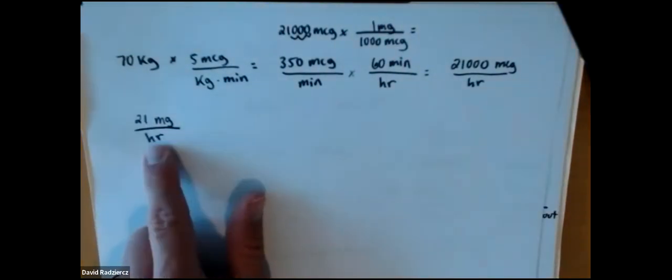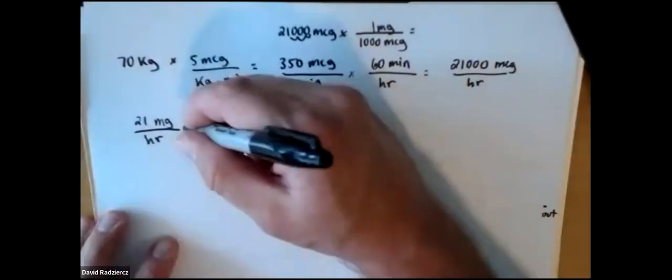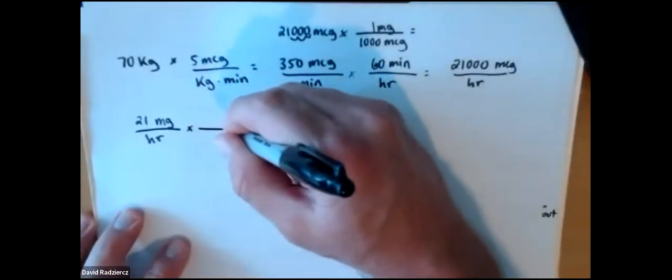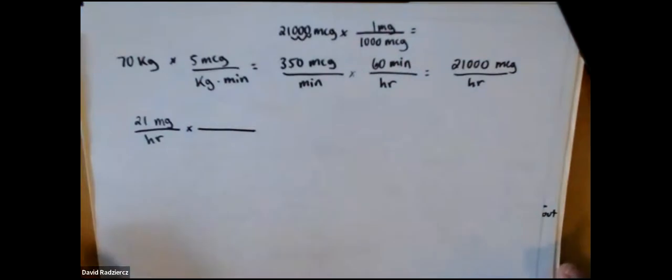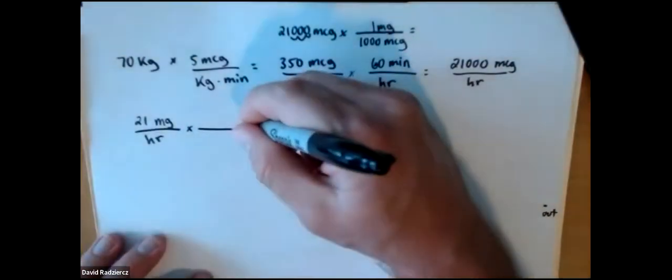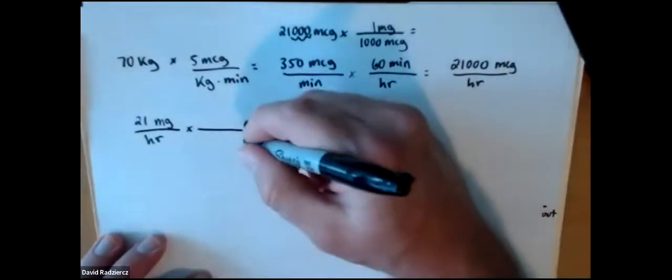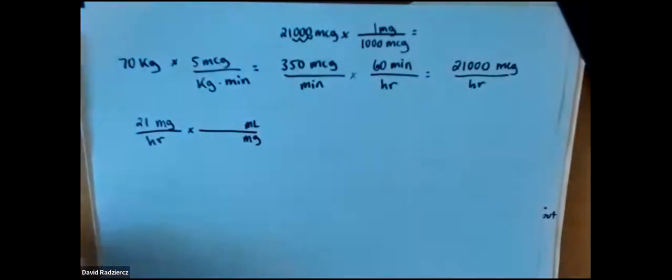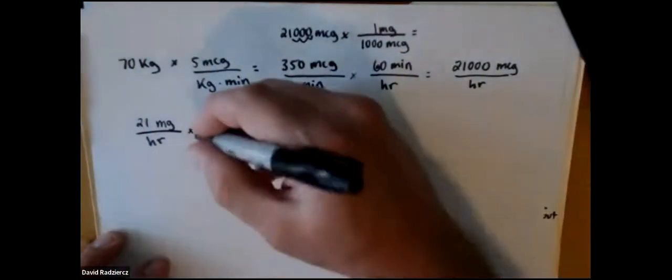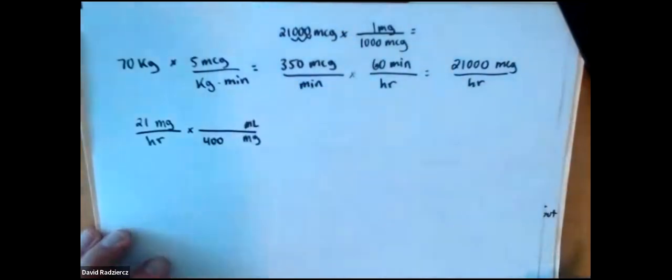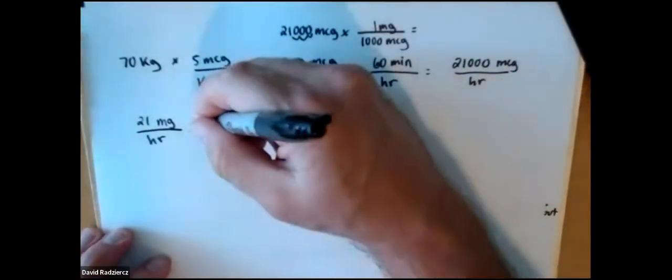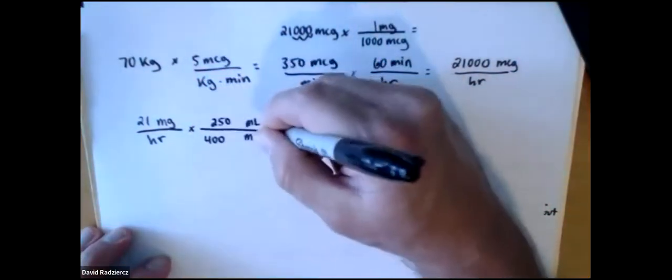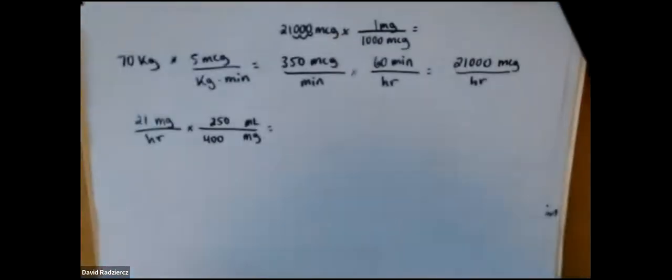Now that I have the 21 milligrams per hour, I don't want milligrams per hour, I want milliliters per hour. So I know I want milliliters on the top, and I know I want to get rid of milligrams. And then my available tells me 400 milligrams, and then it tells me 250 ml. Before I do any kind of math, I can make sure I'm good.